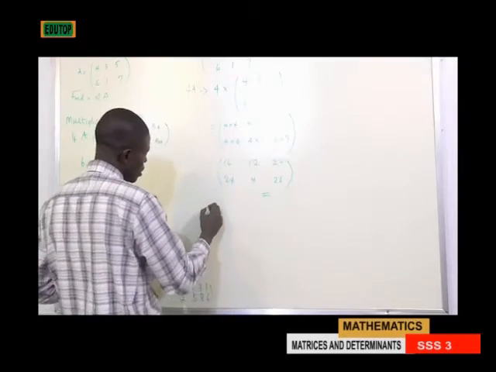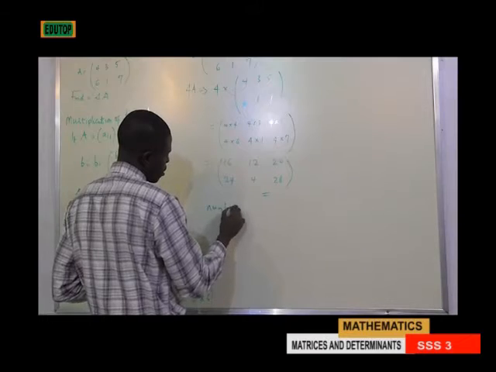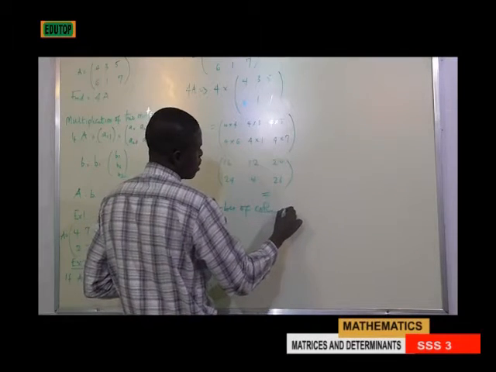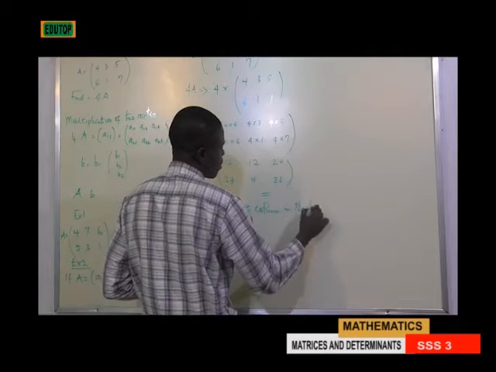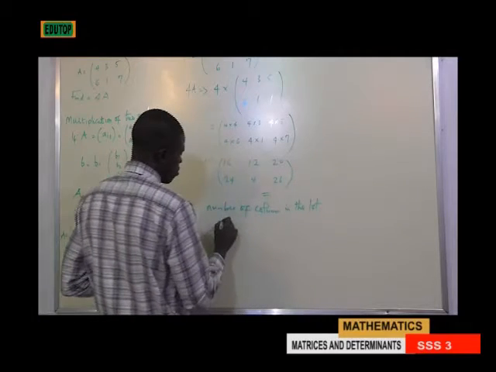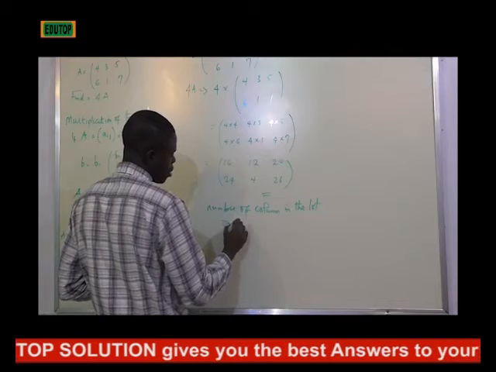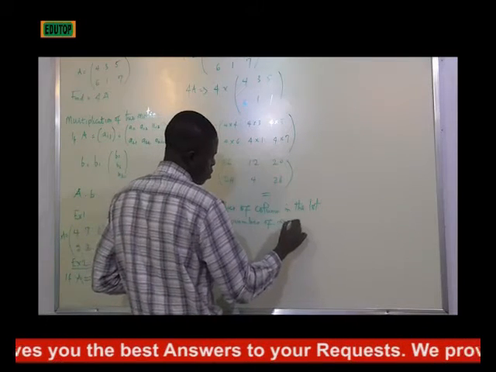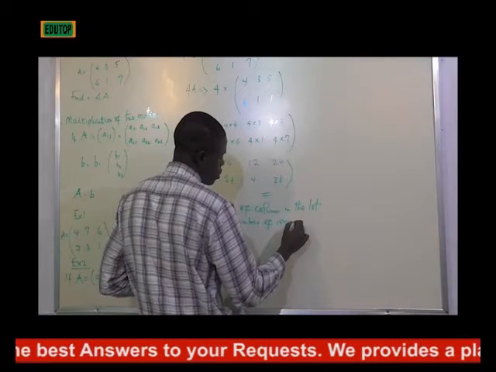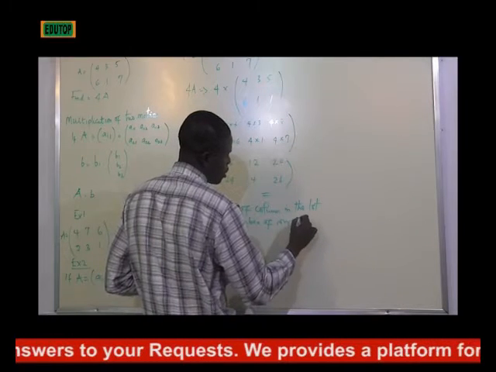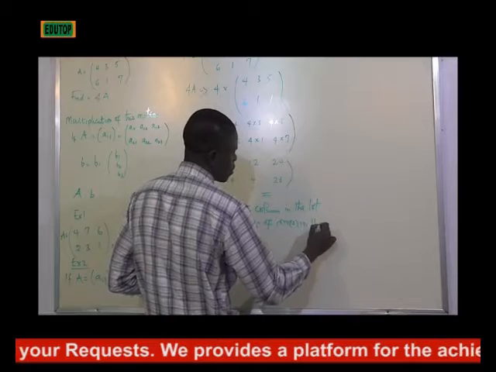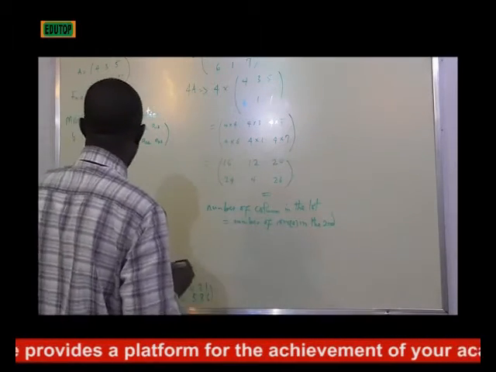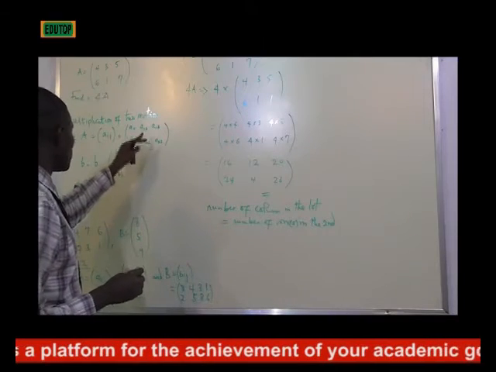So it's saying that the number of columns in the first matrix must be equal to the number of rows in the second.